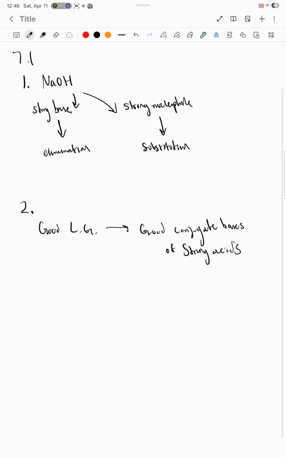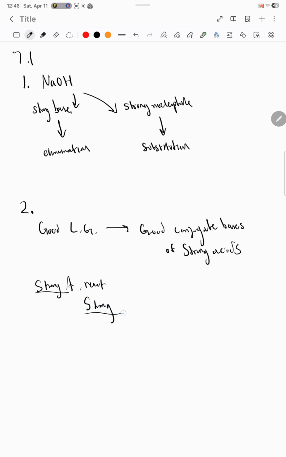Well, we learned that whenever a reaction proceeds, the equilibrium shifts away from strong acids. Remember, strong acids react with either a weak or strong base, but let's say strong base.